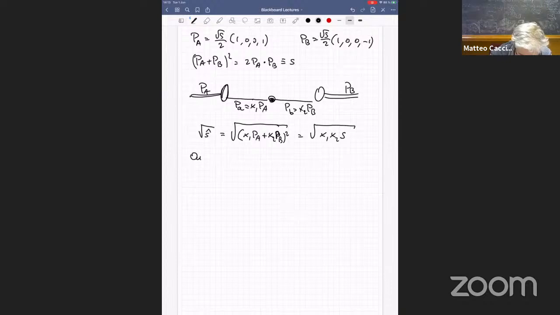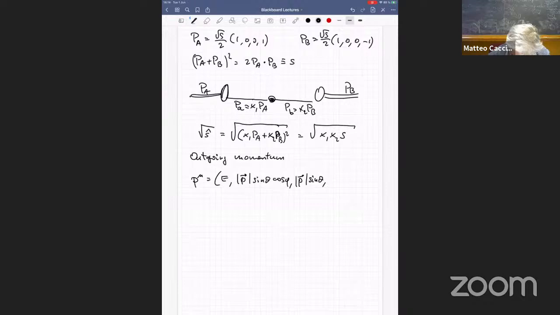For the outgoing momentum, let's say P mu, we denote it as some energy, then momentum P sine theta cos phi, then there is P sine theta sine phi, oops, sorry. And then there is P cos theta.